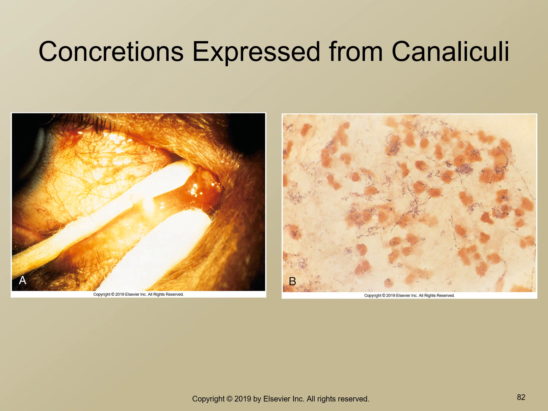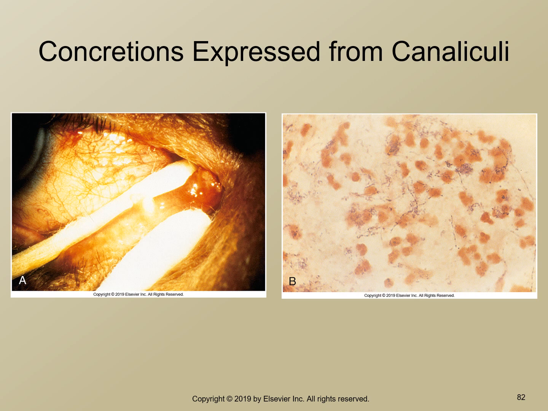Figure A on the left is showing the procedure to obtain concretions by expressing them from the canaliculus of the eye. So a concretion is a hard solid mass that's formed by local accumulation of matter within the body. So in this person, the concretion has formed on the whites of the eye, and it's being expressed to be obtained for laboratory workup.